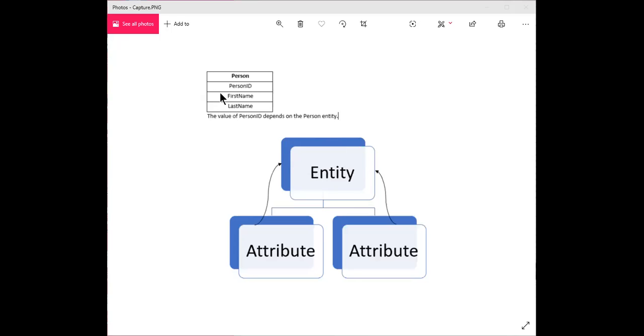So in this case, the entity is person, and the attributes are person ID, first name, and last name. And just like any table, the attributes are simply every column that is located inside of those tables, okay? We just need to know that in order for an attribute to exist, it must depend on an entity. We know this from basic database systems. We cannot have a column or an attribute without a table or an entity.